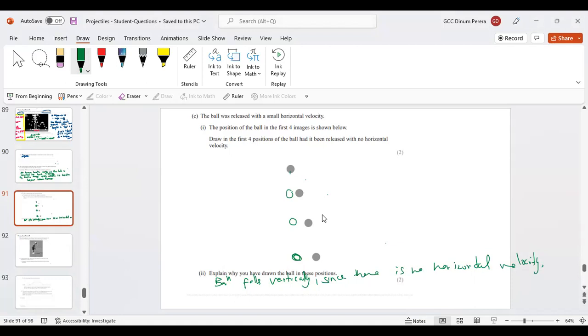Because the vertical acceleration of both balls is the same.